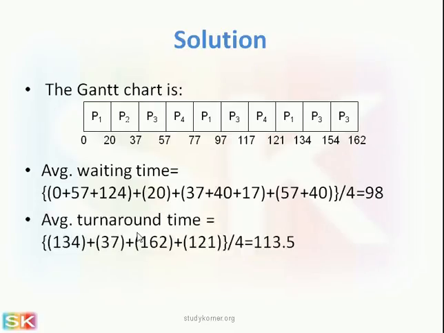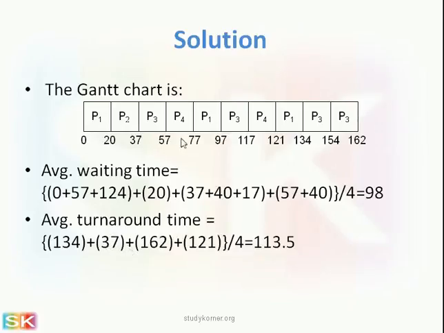For the average turnaround time, P1 is submitted at 0 and it completes at 134. So 134 is the turnaround time of P1. Then P2 was submitted at 0 and it completes its execution at 37. So 37 is the turnaround time of P2.